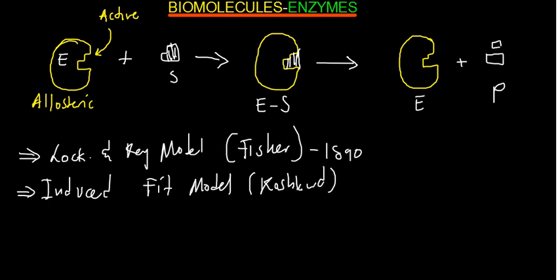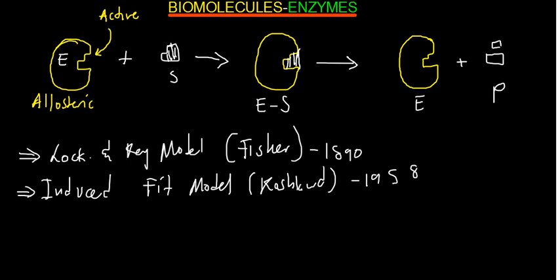It was proposed by Koshland in the year 1958. It tells us that the shape of an enzyme is going to change slightly when it binds to its substrate.